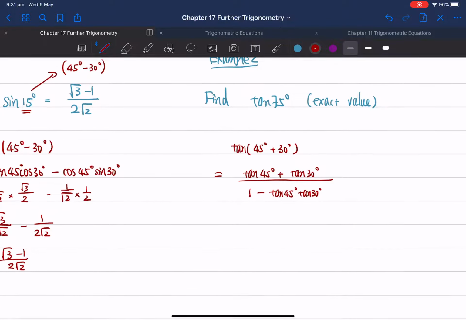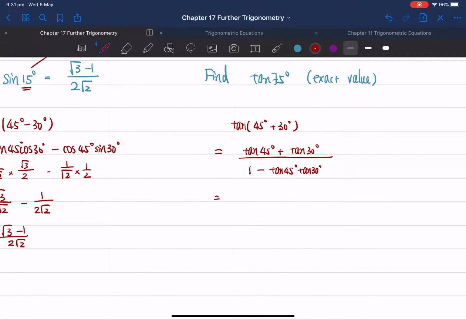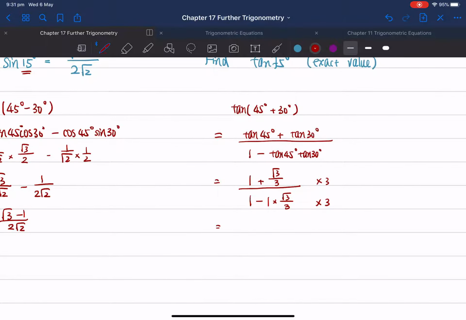Now from here, we should be able to use the special angle tables to work out the answer. Tan 45 is 1. Tan 30 is root 3 over 3. And then 1 minus 1 times root 3 over 3. Now to make this a bit easier, we can times both the top and the bottom by 3.